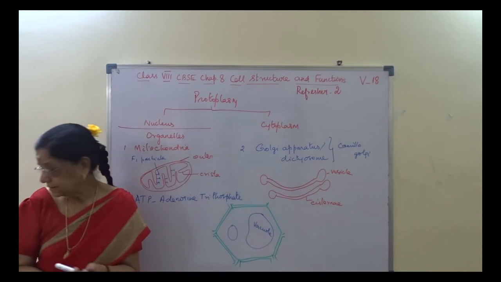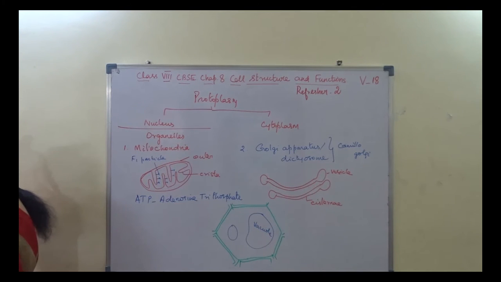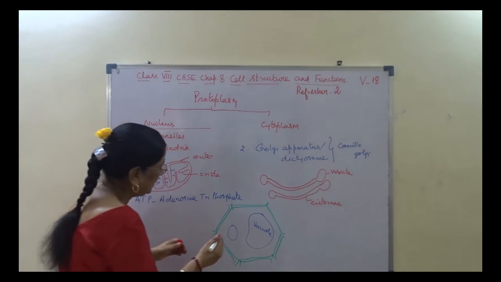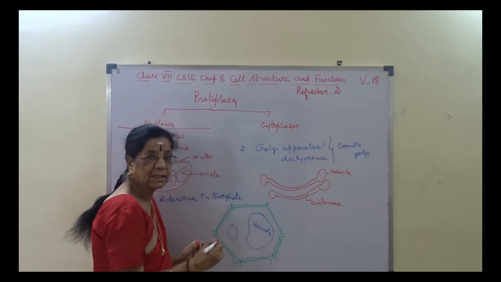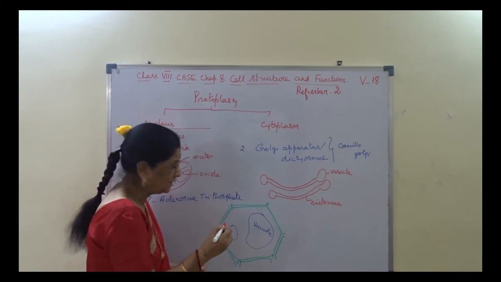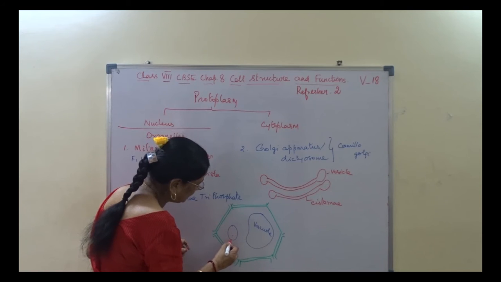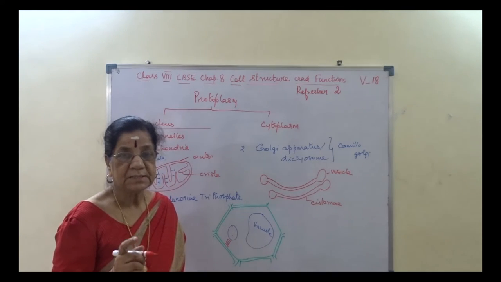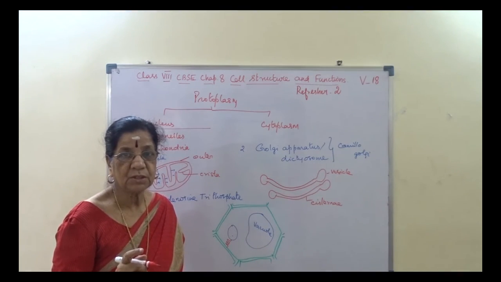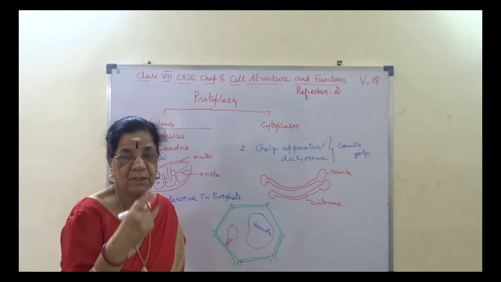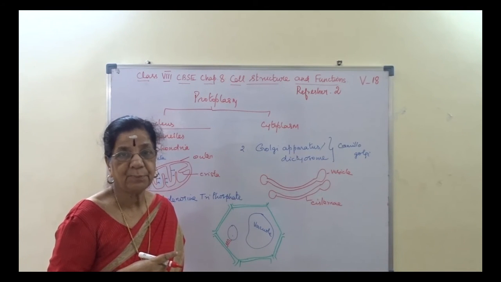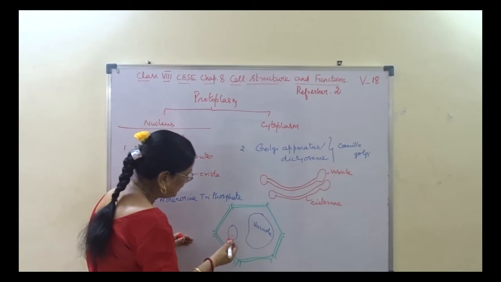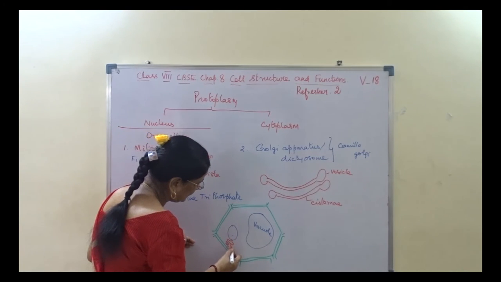Now this endoplasmic reticulum is actually a continuous transport channel from the nucleus to the plasma membrane. Yesterday we studied the cell wall and cell membrane, the plasma membrane or plasmalemma. So it has a structure like this.